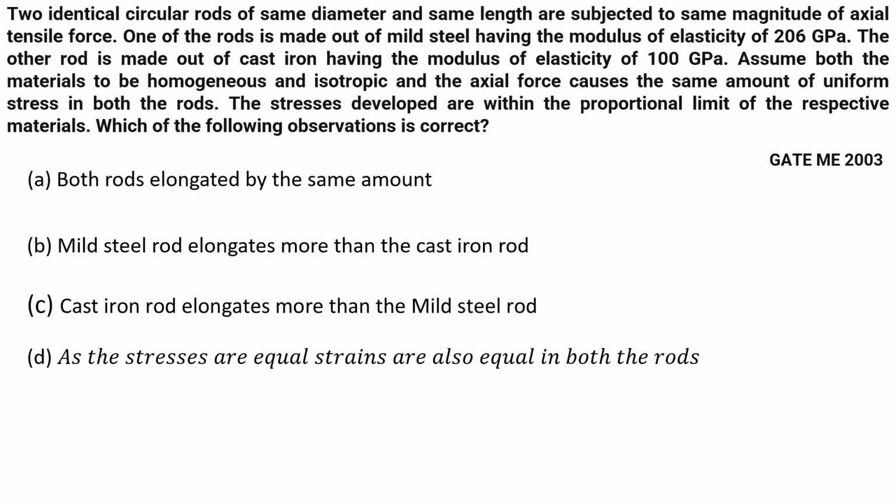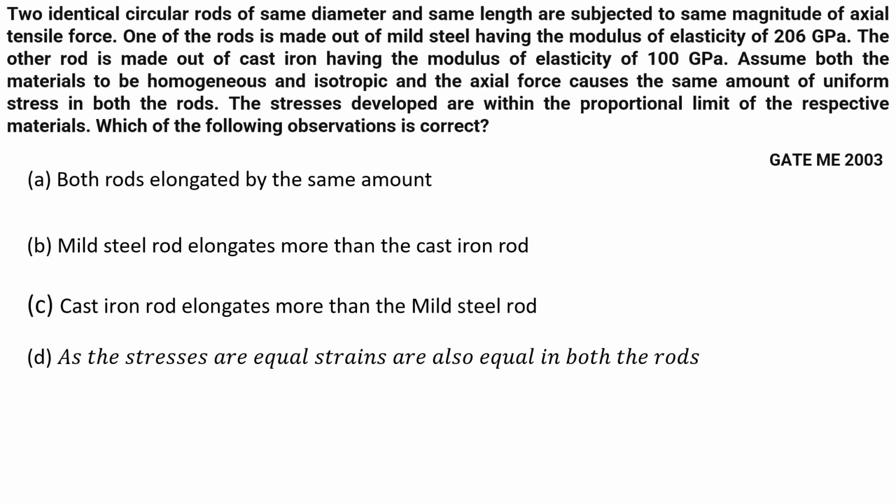Assume both the materials to be homogeneous and isotropic and the axial force causes the same amount of uniform stress in both the rods. The stresses developed are within the proportionality limit of respective materials. Then which of the following observation is correct?